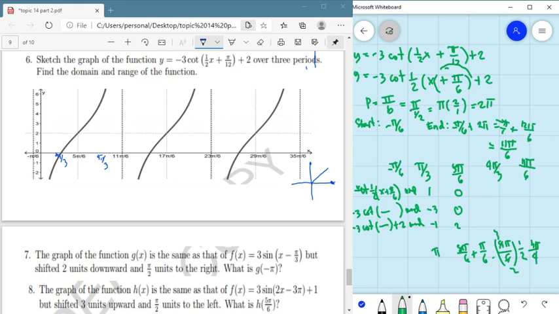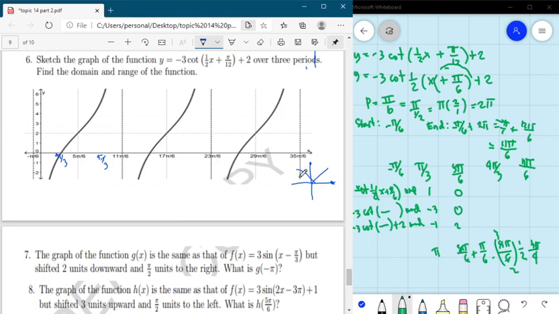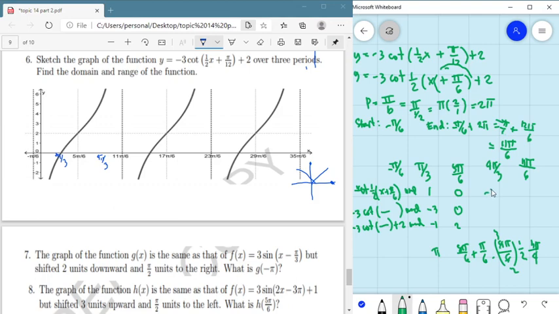So at 3 pi over 4, your cotangent here, your cosine is negative, your sine is positive, so negative square root of 2 over 2, all over square root of 2 over 2. So, therefore, the cotangent is negative 1. And multiplied by negative 3, it's 3. And 3 plus 2 is 5.